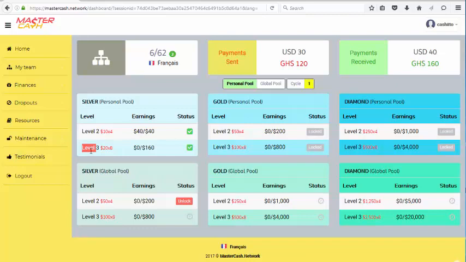At every point in time, the highest somebody can score in the entire personal pool is 9. Because if your account has advanced into the gold matrix level 3, then it will be 3 here plus 3 here, making 6. And if your account has advanced to the diamond matrix of the personal pool, then it will be 3 here, 3 here, and 3 here, making 9.